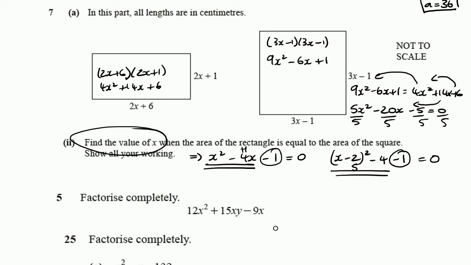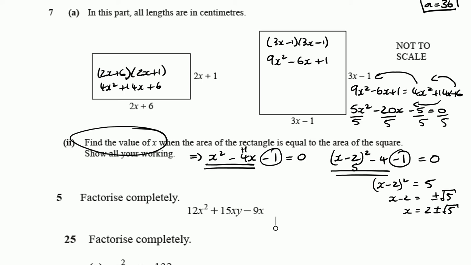Now I just solve this thing like a regular equation. X minus 2 squared equals 5. I'm going to square root, getting me x minus 2 equals plus or minus the square root of 5. And then x must equal 2 plus or minus the square root of 5.